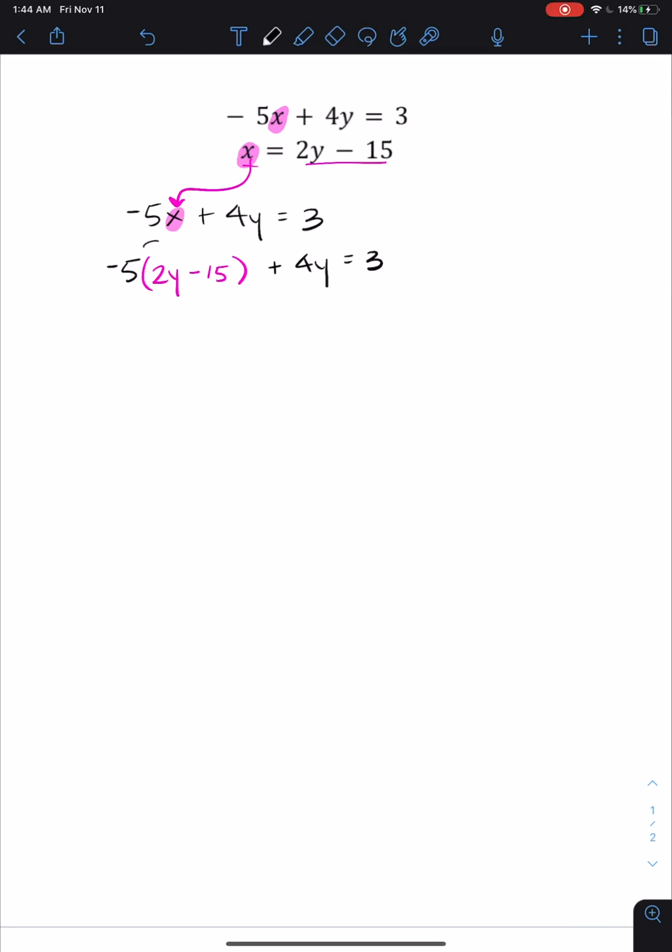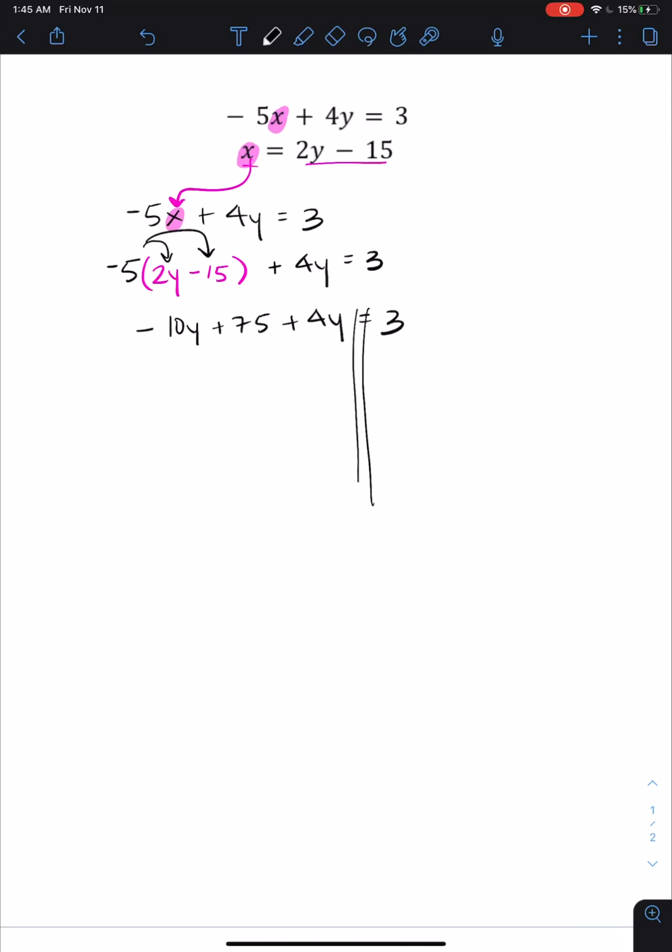So here, I'm going to use the distributive property. Negative 5 times 2y is negative 10y. Negative 5 times 15, a negative times a negative gives us a positive. So negative 5 times 15 is positive 75, plus 4y is equal to 3.